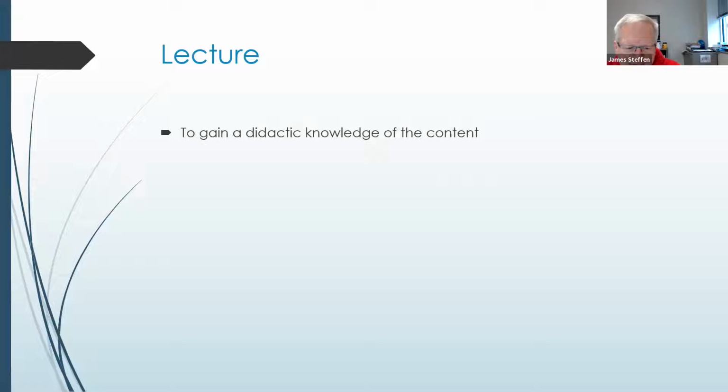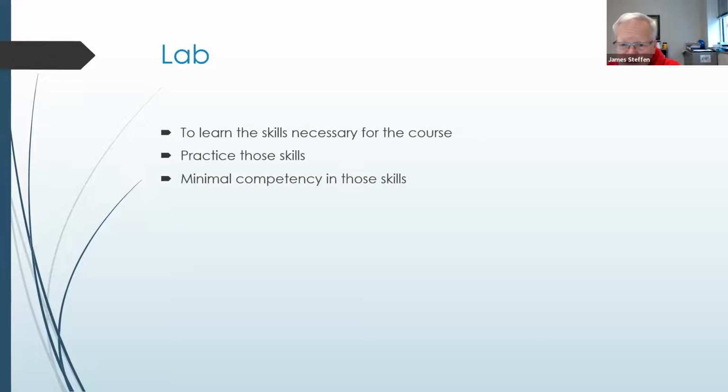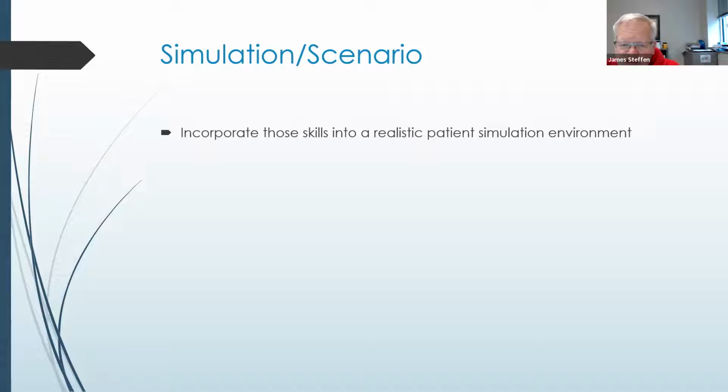We try and have them gain a basic didactic or cognitive knowledge of the skills. Then they practice those skills in the lab on what we call task trainers. They're mannequins, and the only thing those mannequins do is allow them to practice that skill, which gives them very minimal competency in that skill. Then we move on to simulations and scenarios where they begin to understand where they would use those skills.